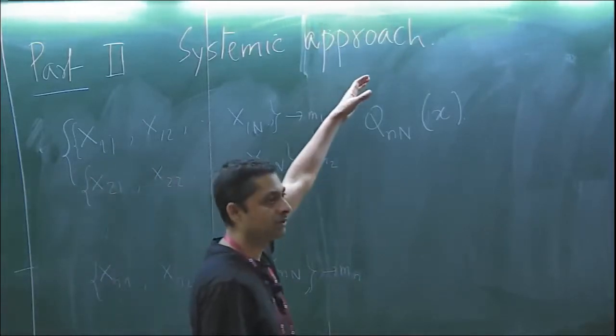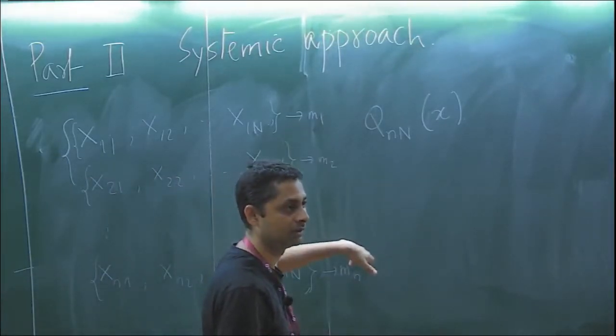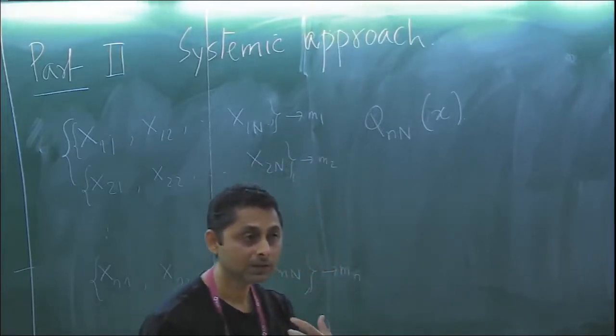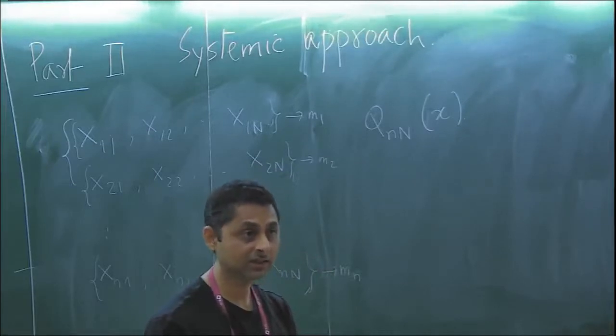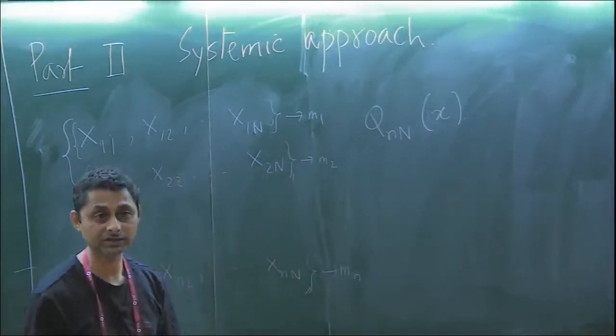The global maximum is also the maximum of these variables. So if the global maximum is less than x, each of these maxima also has to be less than x.